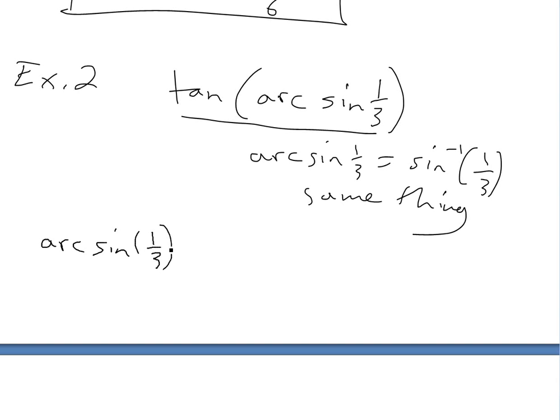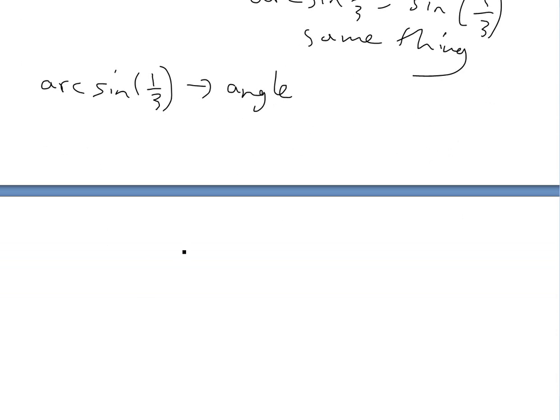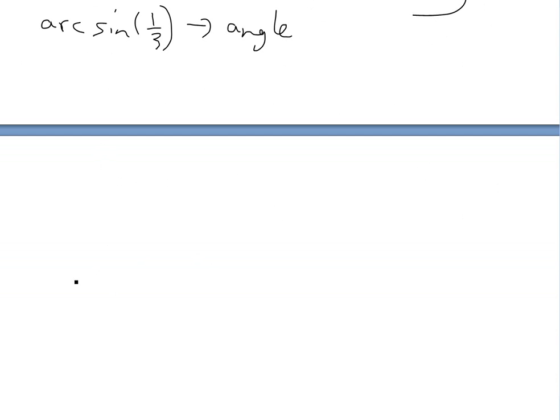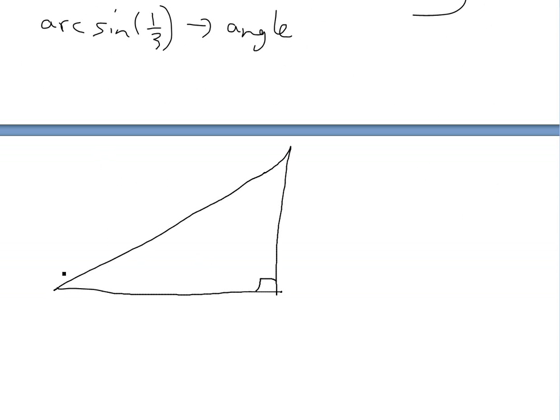Remember, this is an inverse, so it gives us an angle. If we were to draw this angle, we'll call it the angle equals arc sine of 1 over 3. This is again opposite over hypotenuse, so the hypotenuse is 3.